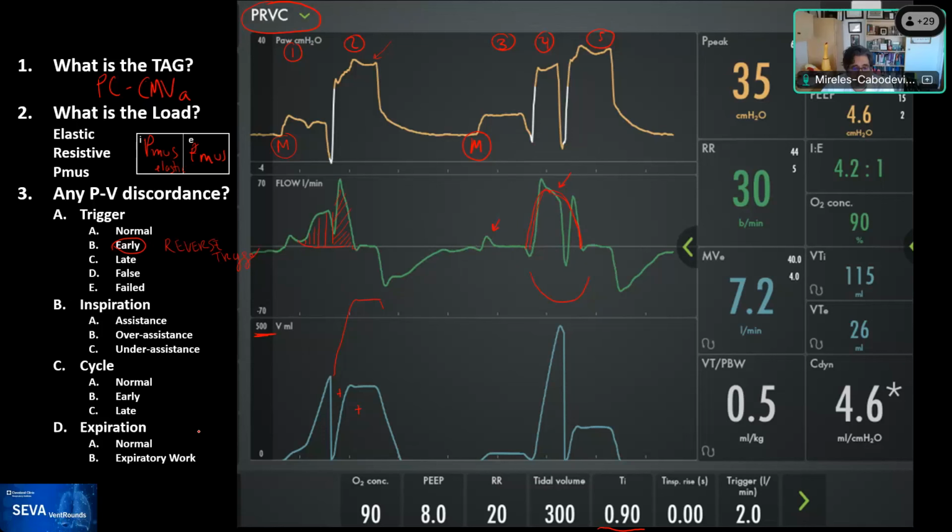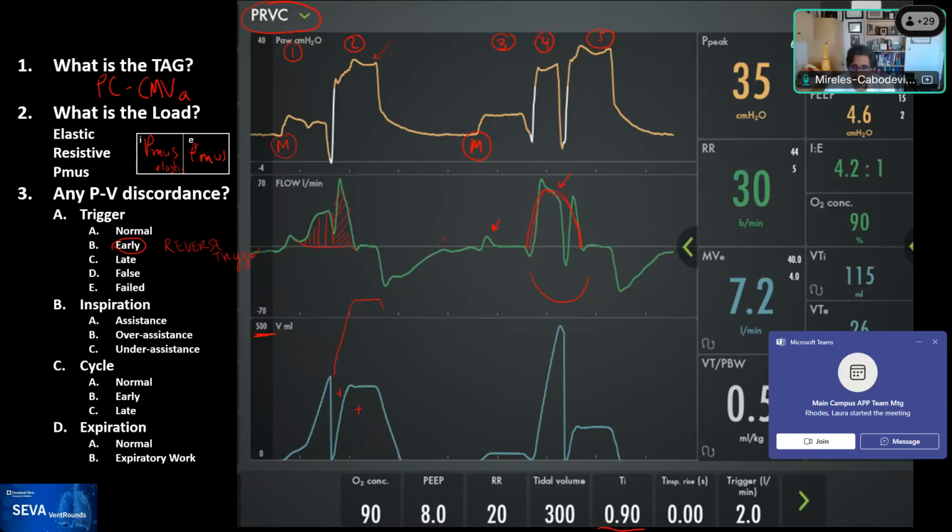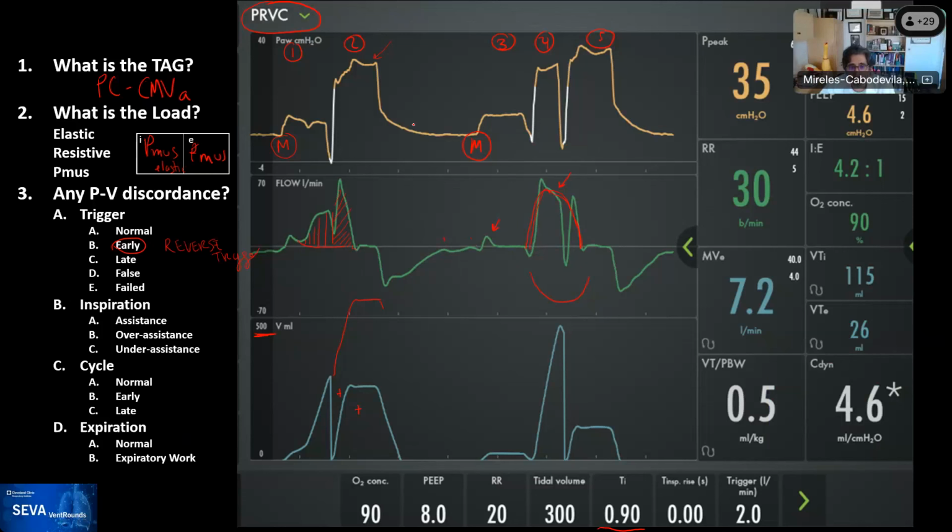My guess is that they're cardiac oscillations because this patient is clearly strong enough to trigger, right? That's correct. Those were definitely cardiac oscillations, and you could not see them very well on the others, but that's what they were. So thank you for highlighting that. Those would not be failed triggers. If anything, they'd be a failed false trigger.